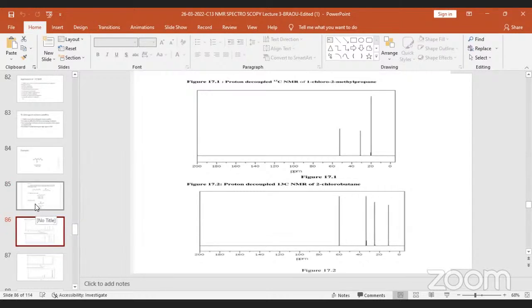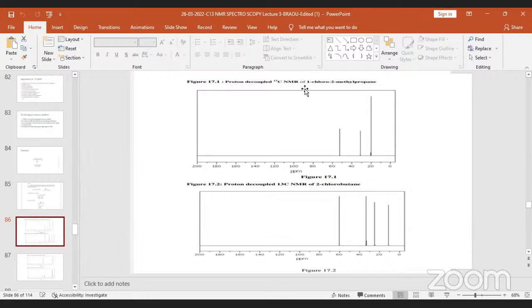And then similarly, 1-chloro-2-methyl propane and 2-chlorobutane. This is just for reference I am giving you. Both molecular formulas are same. Both are isomeric compounds, only chlorine substituted.